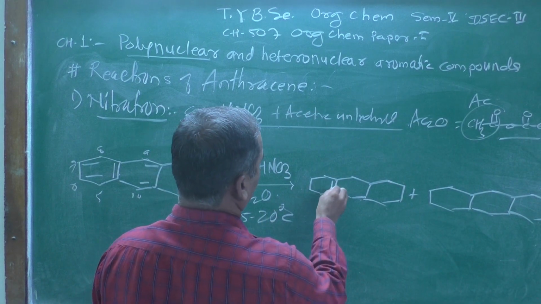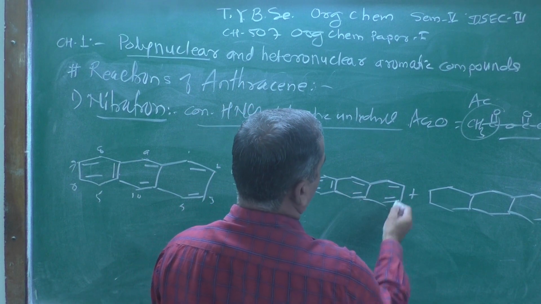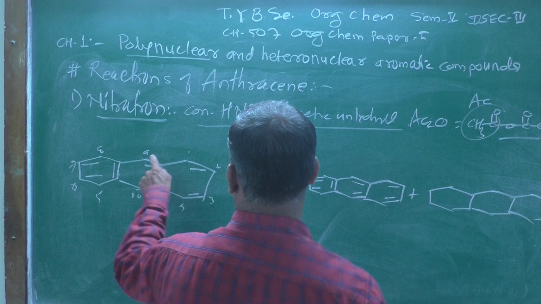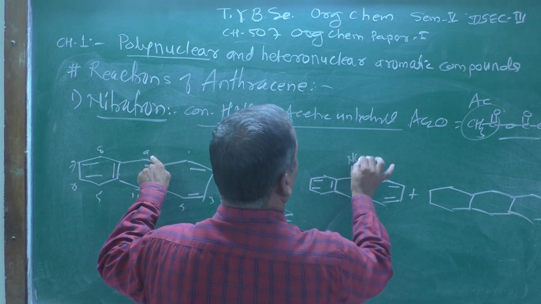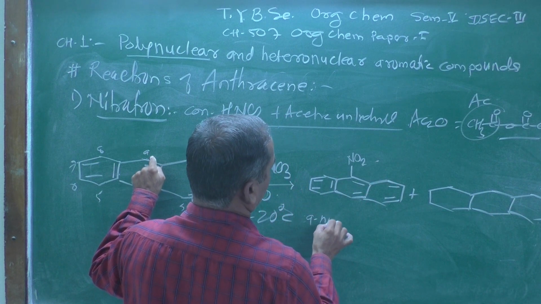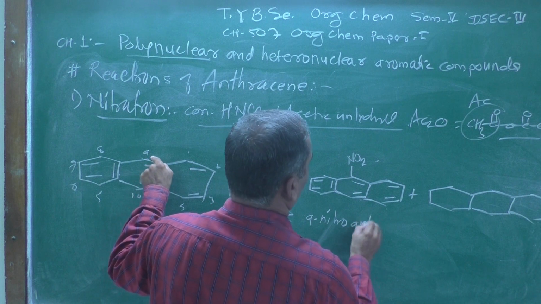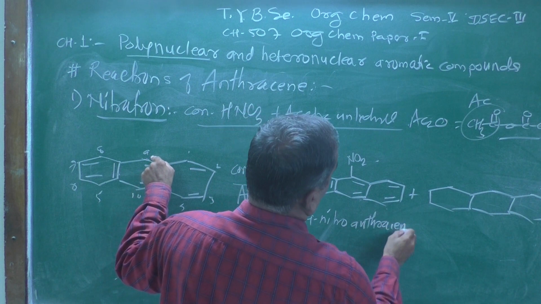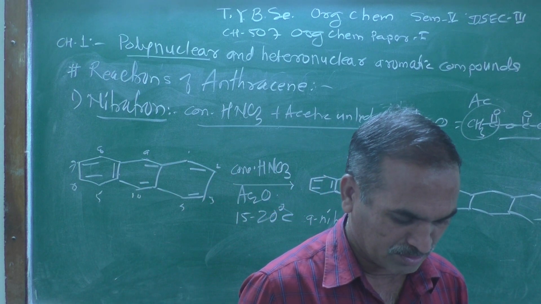Look here, I am putting the double bonds in this manner. Now my 9 position is here, so a nitro group is introduced over here. This is a nitro group, so this is 9-nitroanthracene, the name of the compound we got.